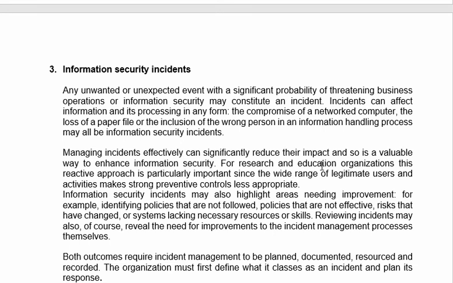Fire incidents are unwanted and unexpected. We do not want these incidents to happen within the organization, and they are not expected. So this is considered an incident.